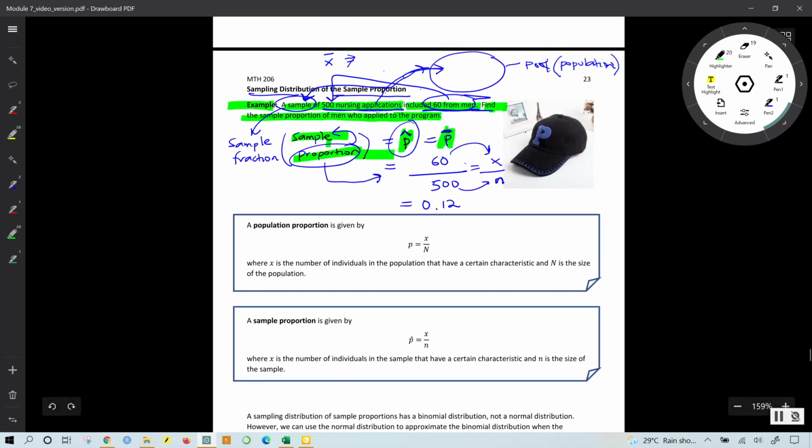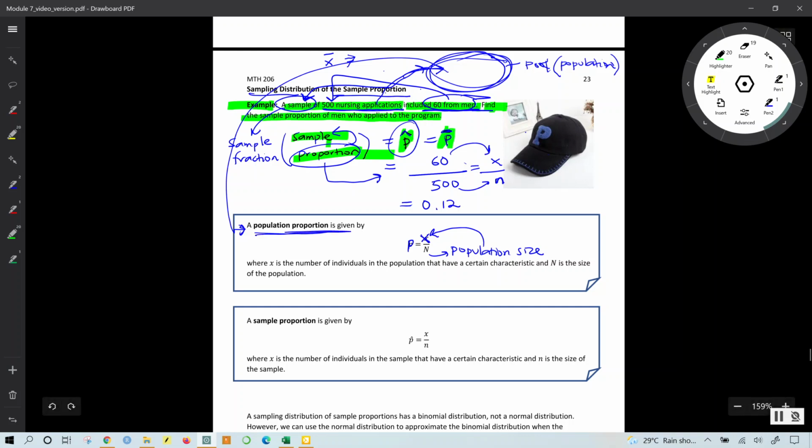So if we had decided to go to the entire population and we could observe or examine all nursing applications in the entire population, we would have had something called the population proportion, which is represented by capital P. And it will be: out of the entire population size, which is represented by capital N, how many have the attribute of interest? And that will be capital X there.